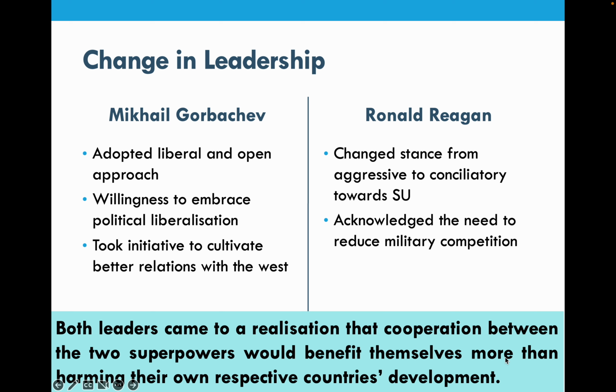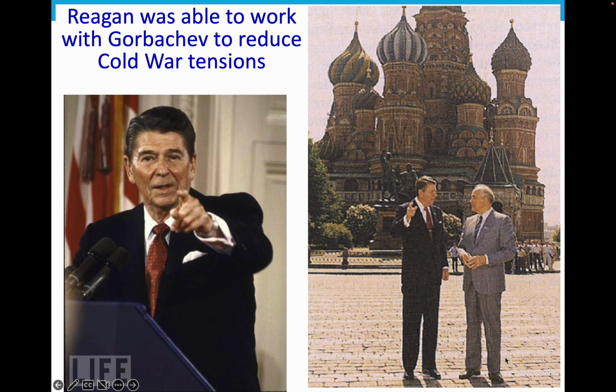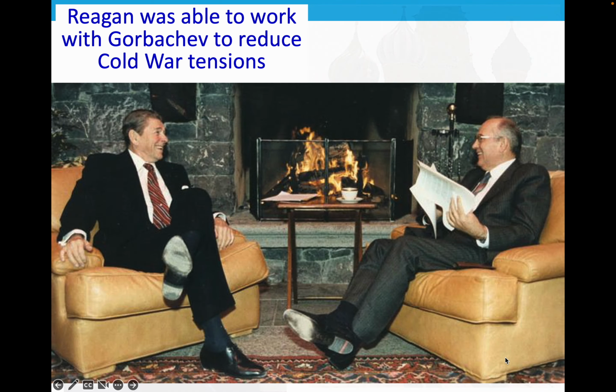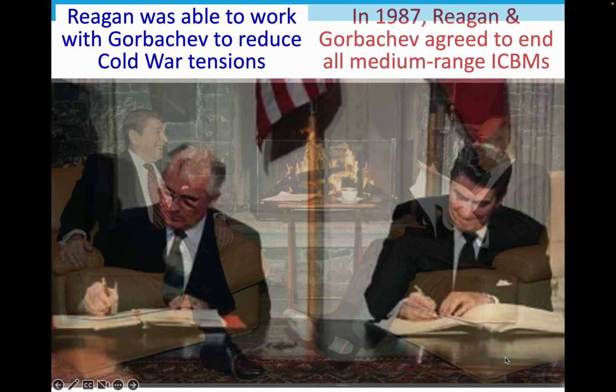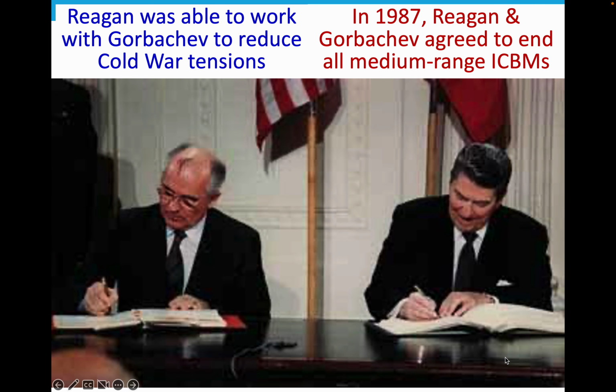So both leaders came to a realization that cooperation between the two superpowers would benefit themselves more than harming their own respective countries' development. So we realize these are the photos to show that both sides were working with one another to reduce Cold War tensions. So for example, in 1987, Reagan and Gorbachev agreed to end all medium-range ICBMs.